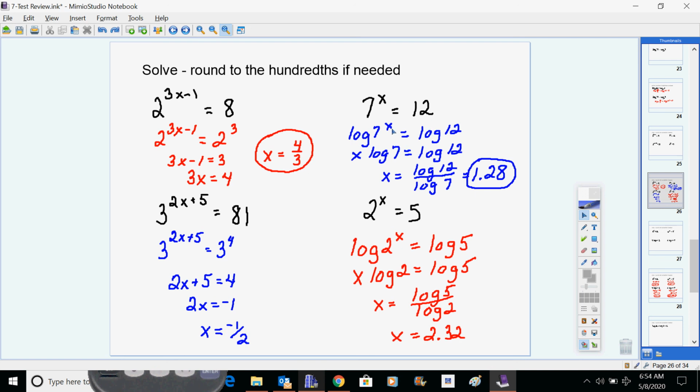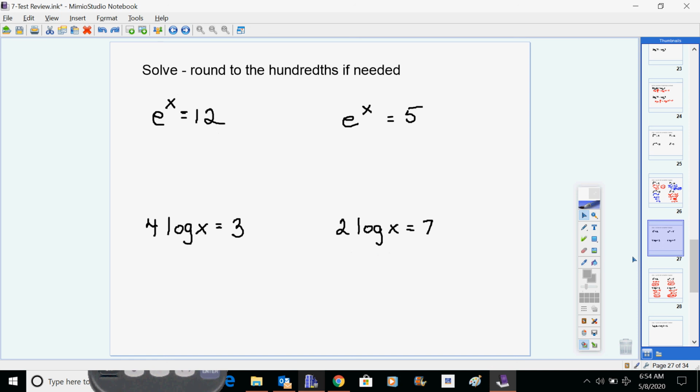Then use your rules of logarithms by pulling this down around the front. Dividing. Be careful you're not taking the logarithm of 12/7 here. It's the log of 12 divided by the log of 7, and giving you your answer like that. Same here, the logarithm of both sides, because it does work, and then bringing it down like that.